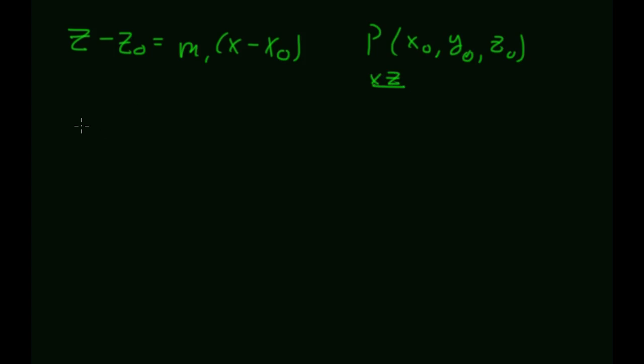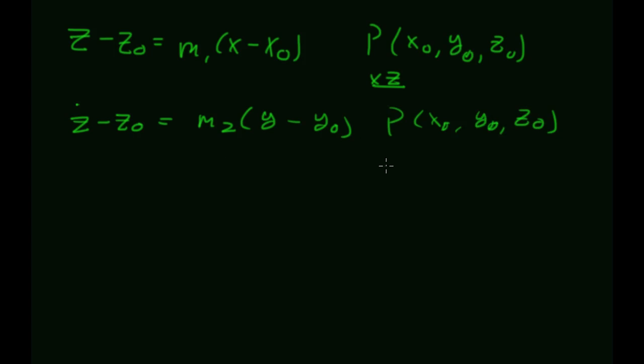If I do the same thing and take z minus z null is m2 times y minus y null, I again get a line that is tangent to our surface that goes through the point x null, y null, z null, and this time it is parallel to the yz plane.